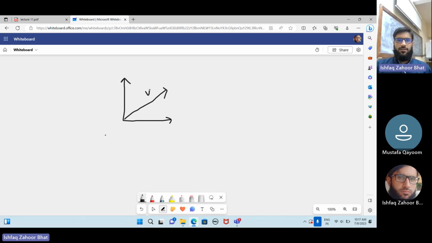Okay, so let this be some vector. Obviously it will have three components: Vx, Vy, and Vz.